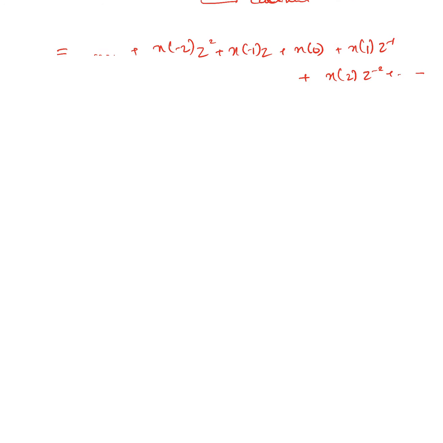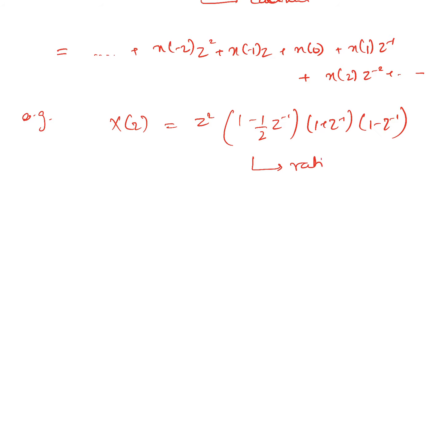We can take a quick example to illustrate what we actually want to do. Say, for example, we are given x of z as z squared times (1 minus 1 by 2 z inverse) times (1 plus z inverse) times (1 minus z inverse). Okay, so first of all, this is a rational function.